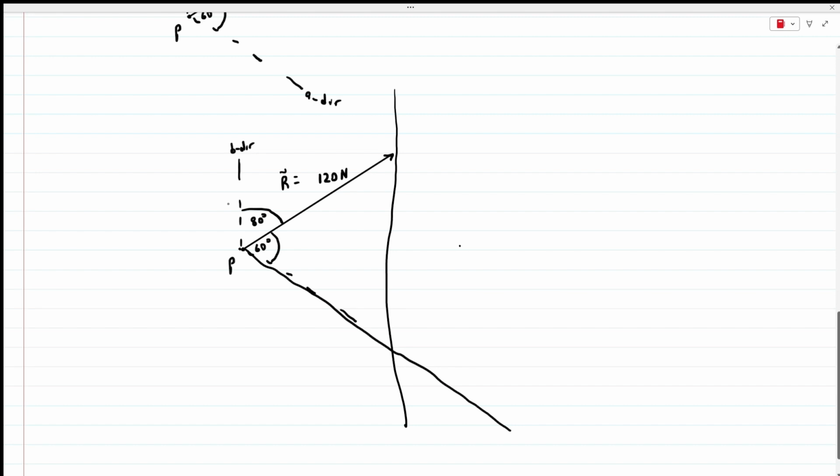What we're looking for in the problem is this side length A and this side length B, such that the resultant, the sum of the vector A and B, is equal to 120 newtons. Here is our vector A, and then here's our second vector, vector B.